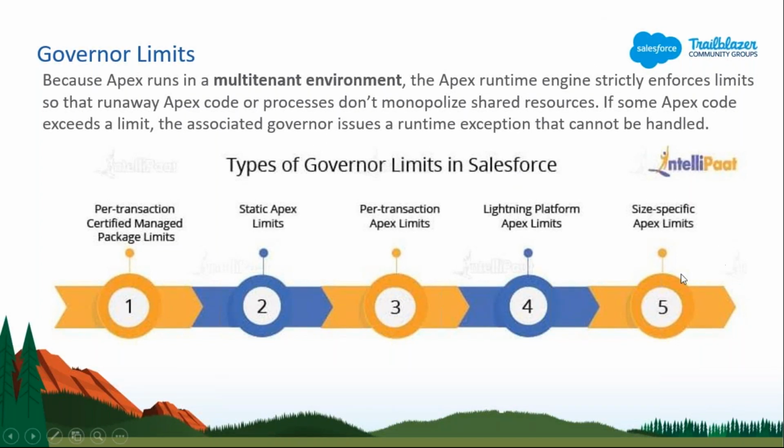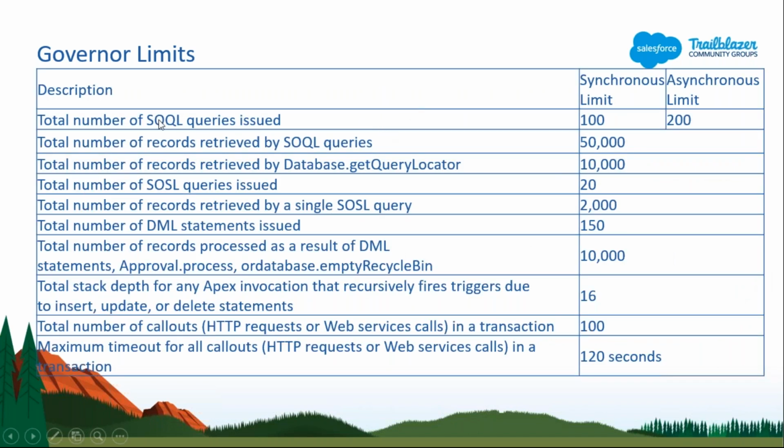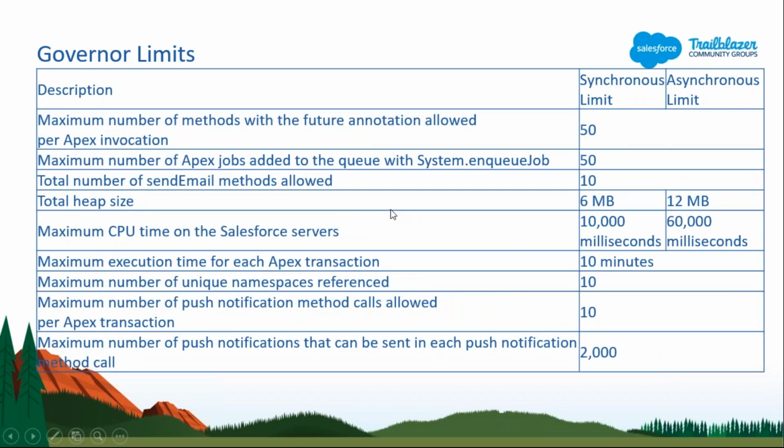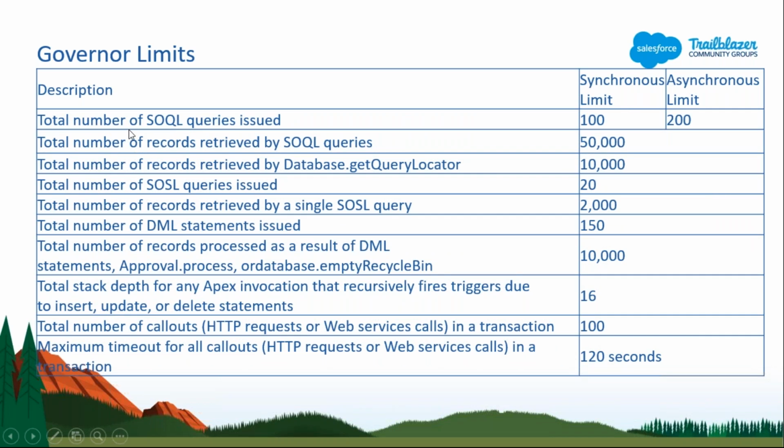We have so many governor limits like these. The SOQL limits, the number of records that can be retrieved, the DML limits. There are so many limits. This is a table, and you can find it in the help document of Salesforce. Anyone can ask how many records we can retrieve via SOQL.